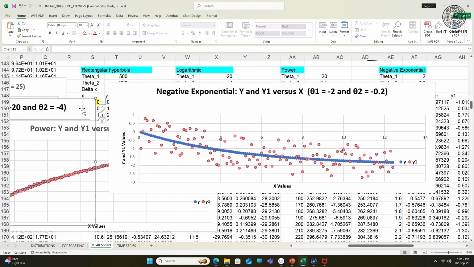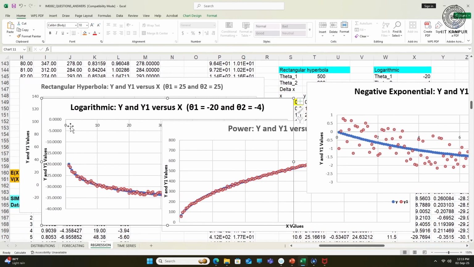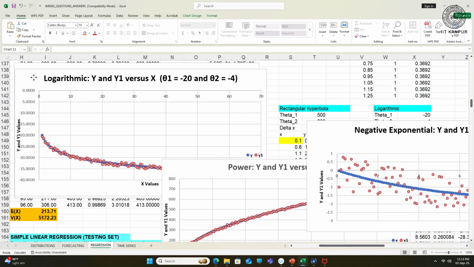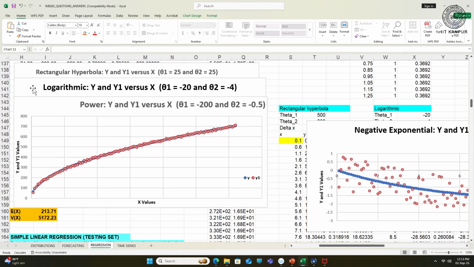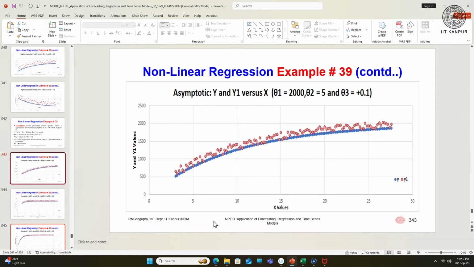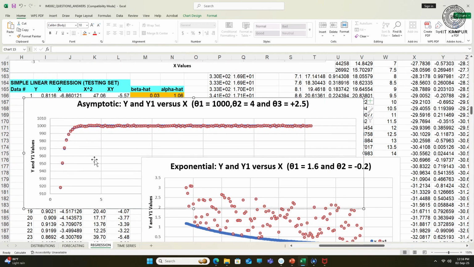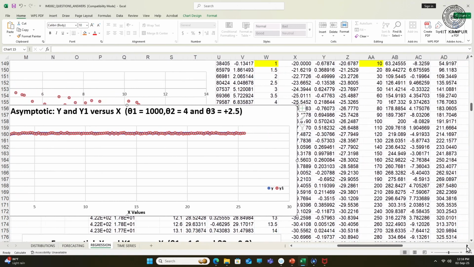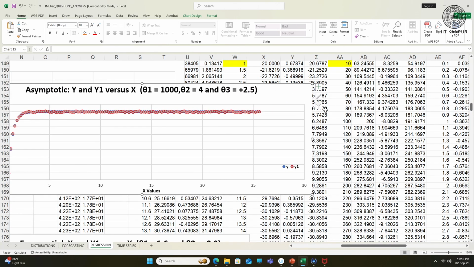We have considered the rectangular hyperbola, the logarithmic one, the power one, the negative one. So, now it is basically asymptotic. Asymptotic would be there, I have said yes, it is there. So, this asymptotic one we will now consider. I will take this graph to the right, because all the graphs are being simulated based on the data, so they will keep changing.